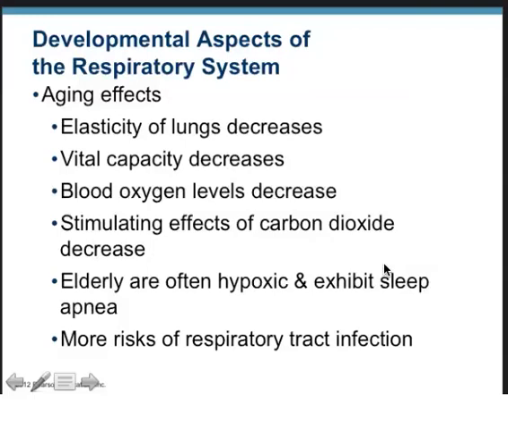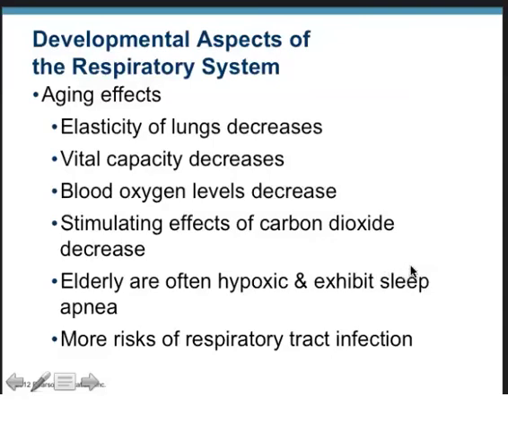Not only is it difficult for us to ventilate the lungs as effectively as we would like because they don't stretch out as much, but we also don't have the pull from the muscles of breathing, the strength from the muscles of breathing to produce a sufficient vacuum to get enough air into the lungs in order to support normal oxygen levels as we did when we were younger.